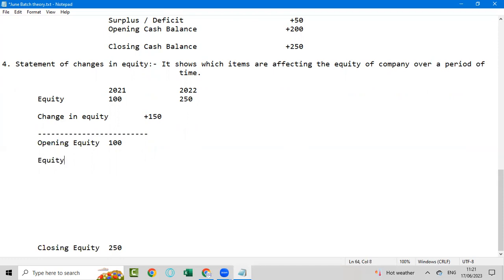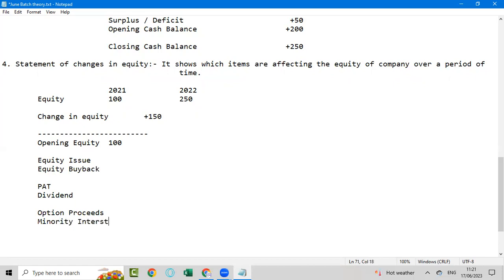So first we will have equity issue, equity buyback, profit will be added, dividend will be deducted, and option proceeds will be added. Minority interest, I'll discuss about it later. That will be added. Minority dividend will be deducted. And there may be some other items.